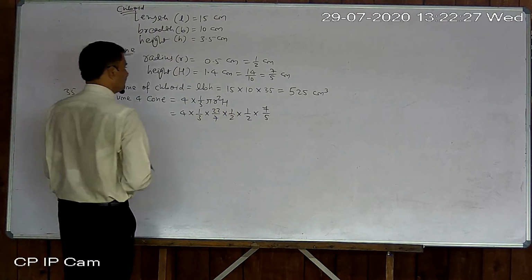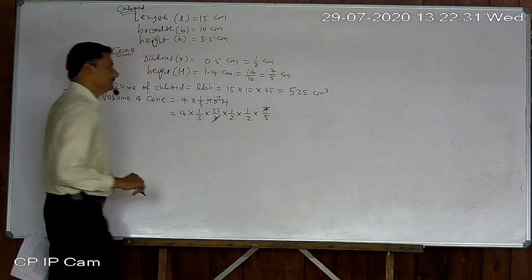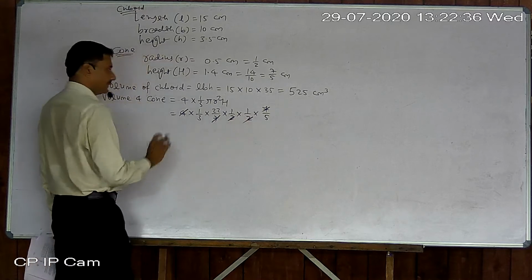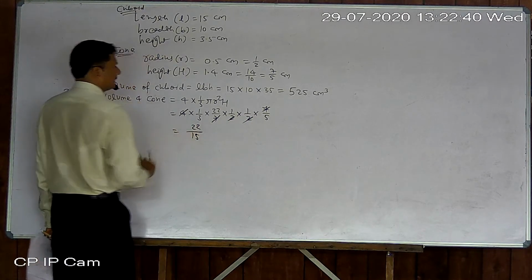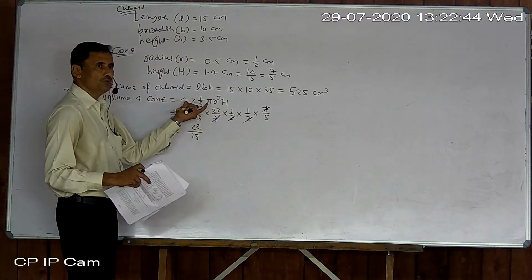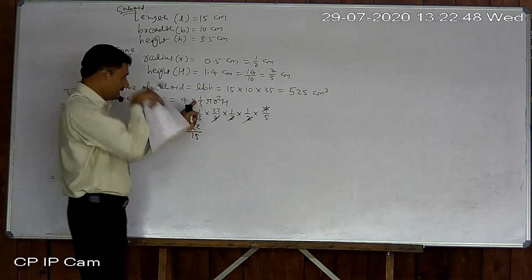Now 7 cancels out. 2 into 2 cancels with the 4. Whatever is left: 22 upon 15. Again, 4 into 1 by 3 pi r square h, because all 4 depressions we have to subtract from the cuboid.